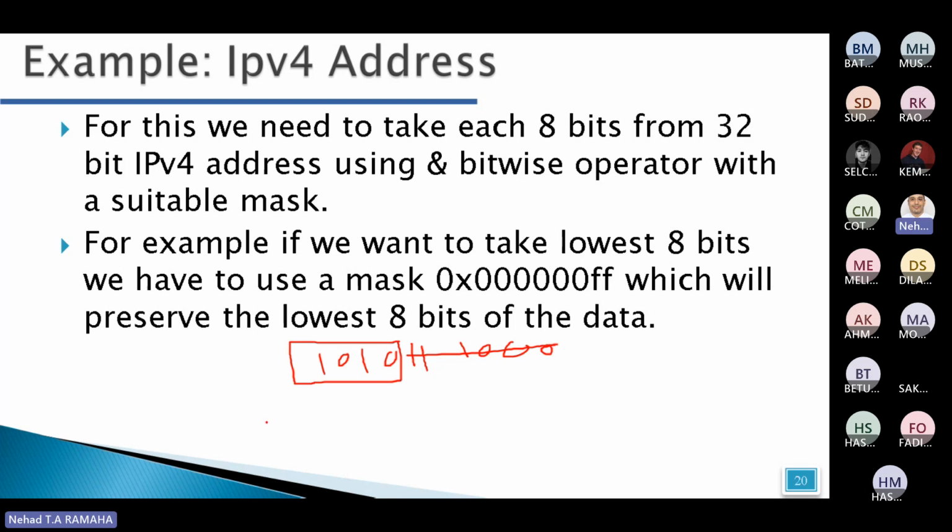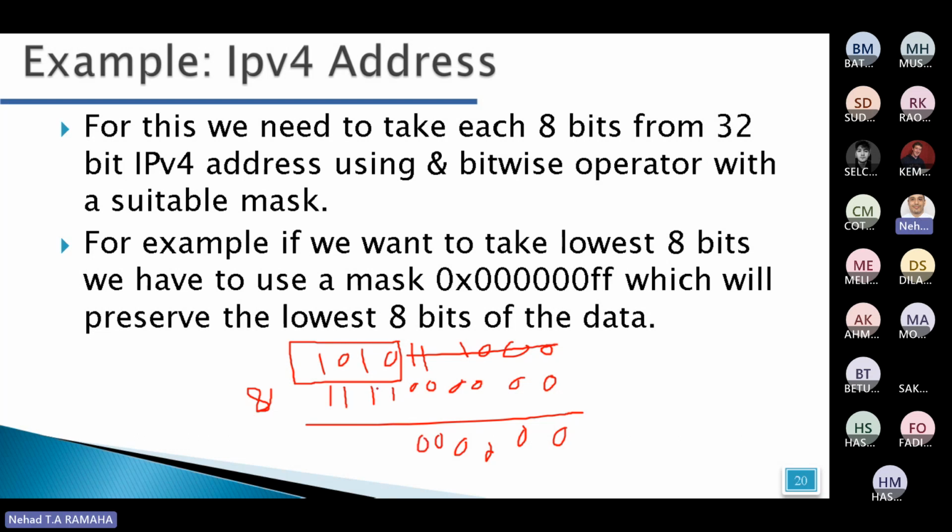By making AND with a mask where everything is 0 except the positions corresponding to these digits, which are 1, 1, 1. So like this, we make AND with this mask. 0 and 0, 0; 0 and 0, always 0 because one side is 0.